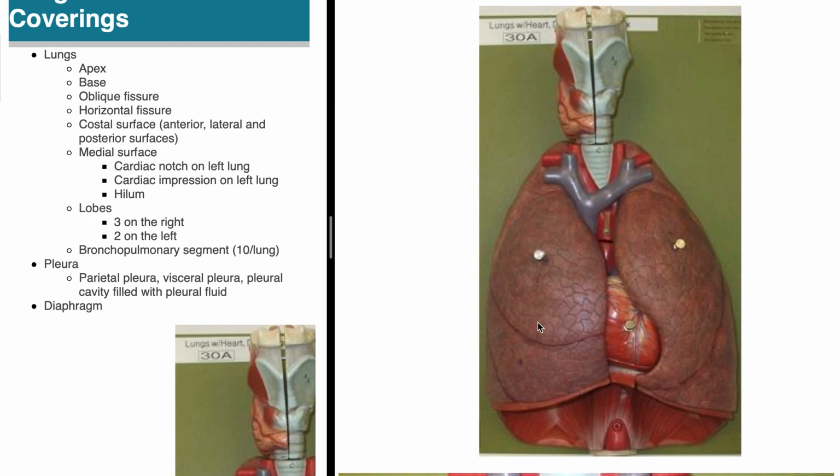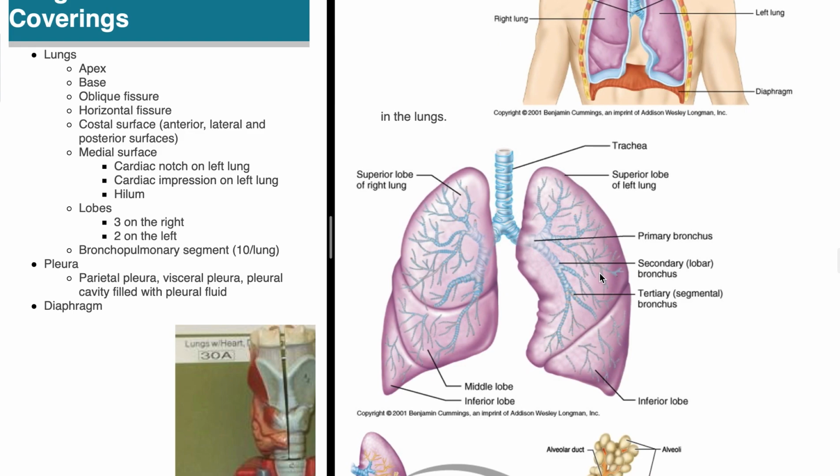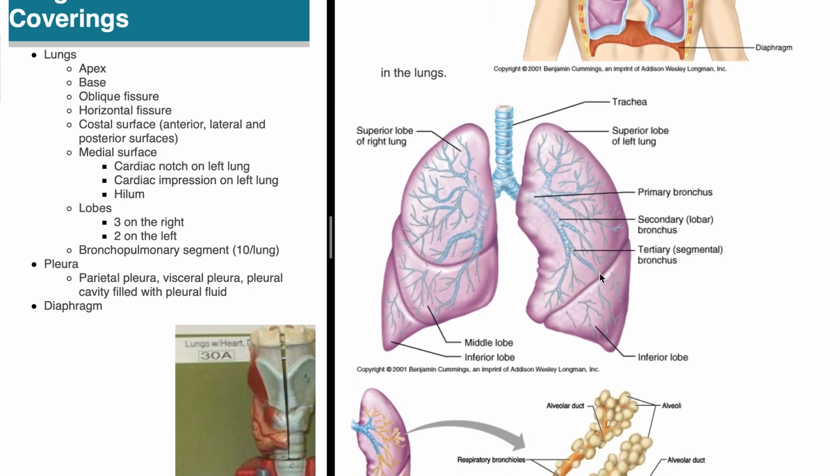So if we come up here, we have a couple fissures. We have three fissures, but we have some common naming for them. Let's go back up to this one because I think it's a little easier to see. So both lungs have an oblique fissure. Oblique meaning cutting an angle that's not horizontal and not vertical. It's kind of an awkward angle. So there is the right oblique fissure. Here's the left oblique fissure.